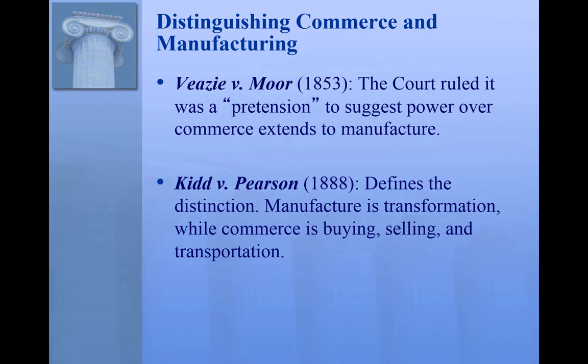So let's say you run a steel mill, and you manufacture these large pieces of steel that are then shipped to another company that will use machines to carve them into, let's say, surgical instruments, like Worthington Industries in Columbus, Ohio. Worthington Industries doesn't manufacture steel. It gets high-grade steel from someone who has manufactured it, extracted it already. So Kidd versus Pearson makes that distinction.